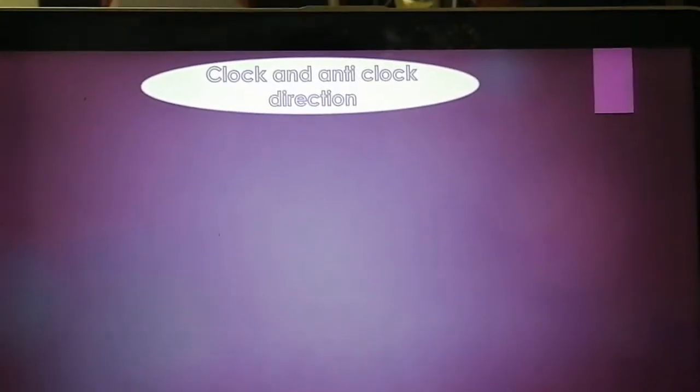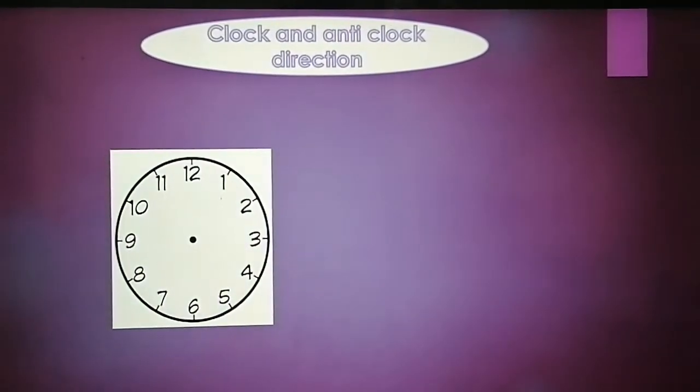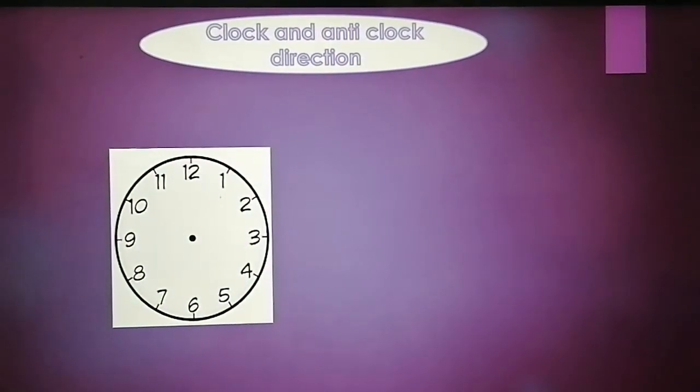of the hands, how the hands move, clock and anti-clock direction. Now what do you mean by clock direction? Girls, can you see here, I have shown you the picture of the clock.